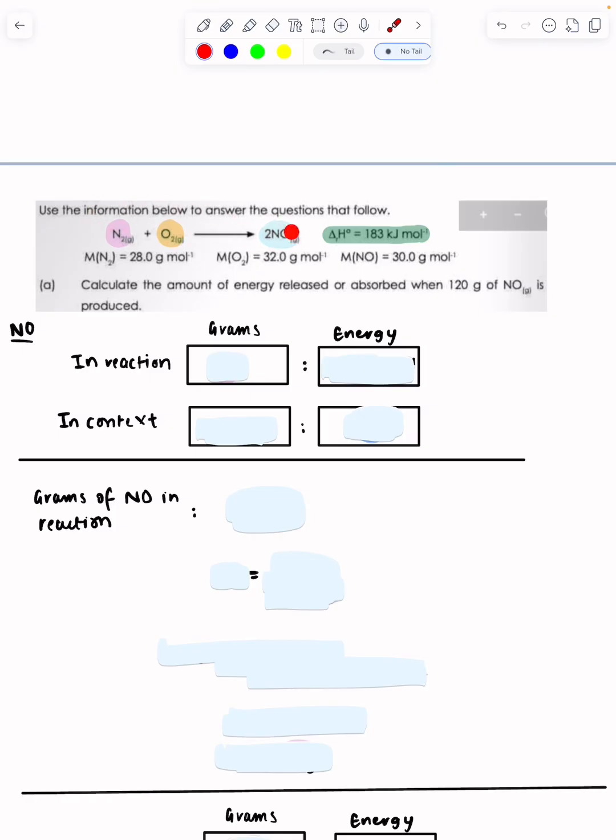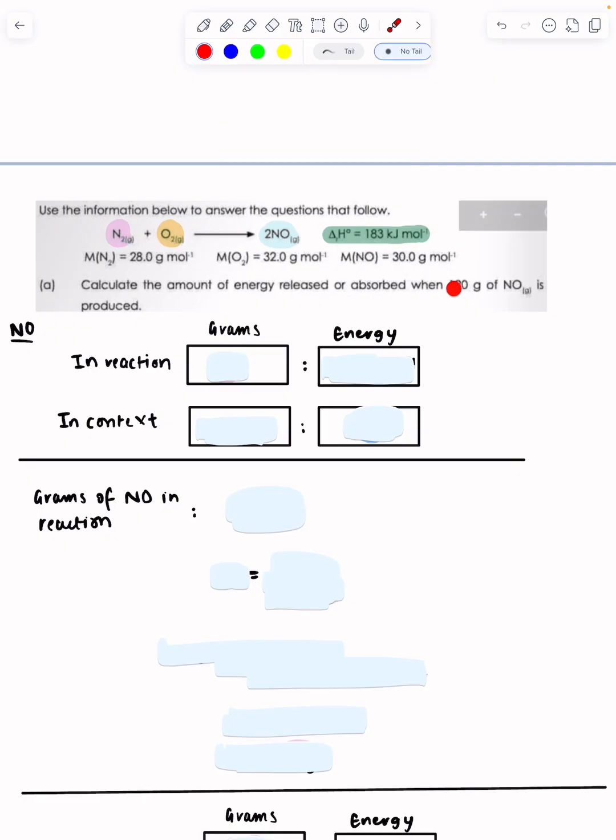According to this reaction, in order to produce NO, we are releasing 183 kilojoules per mole of energy. This is how much energy is being released from this reaction.